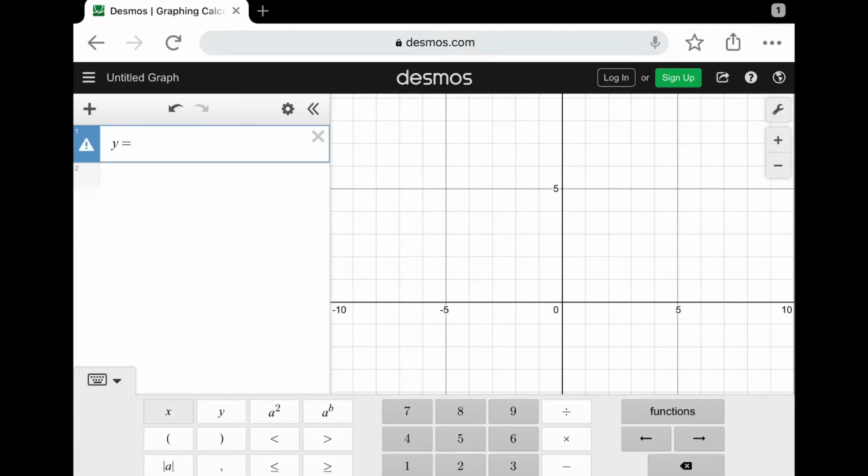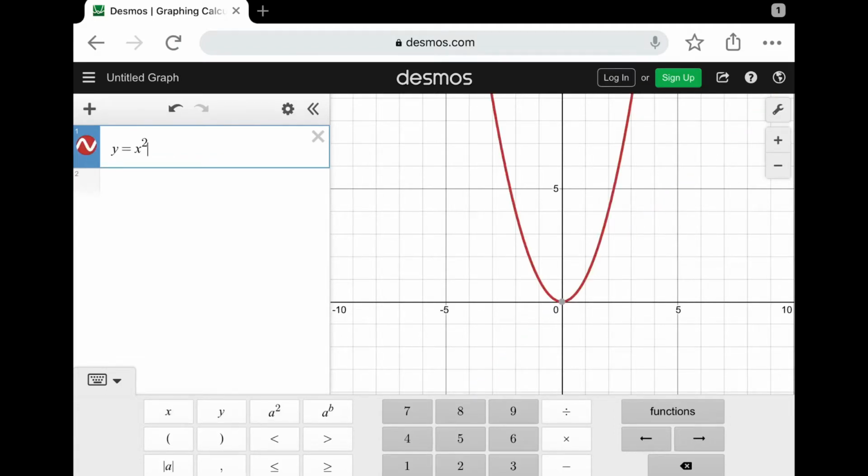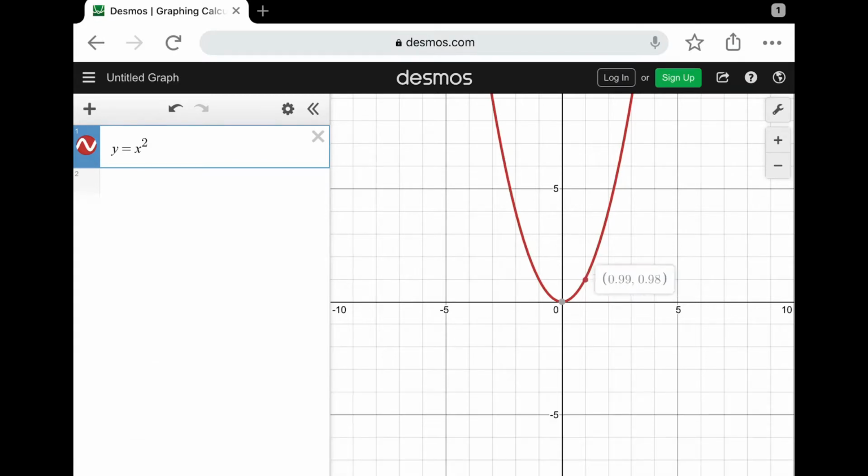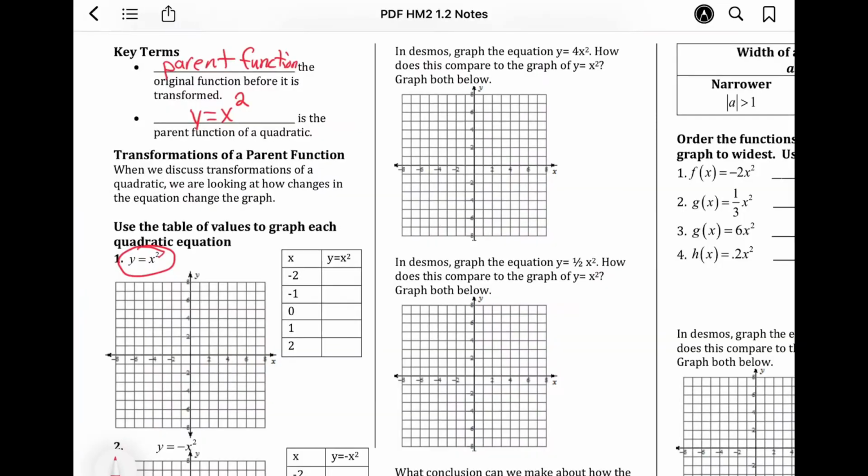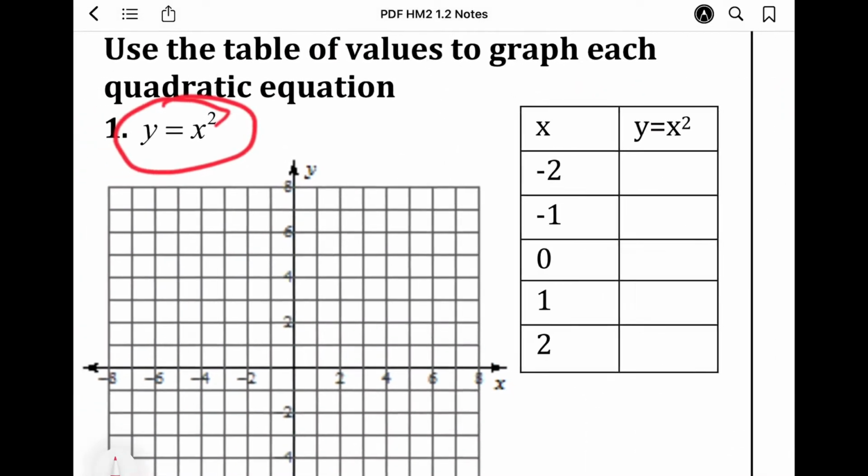So we're going to type in our parent function, y equals x squared. And then I'm going to use my finger, or you can use your mouse, to scroll through all of the ordered pairs or the points on the graph. So that is how you can find these points that we are going over.